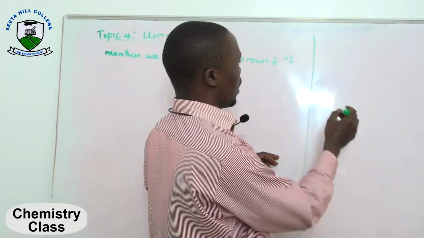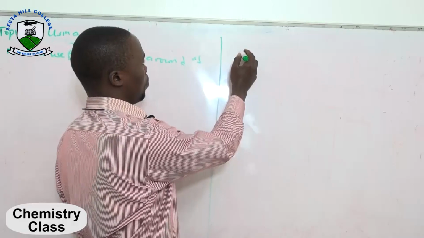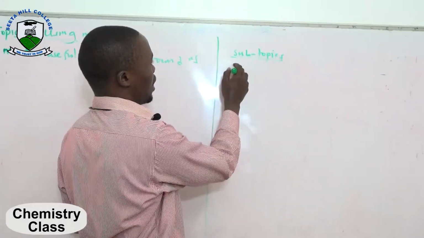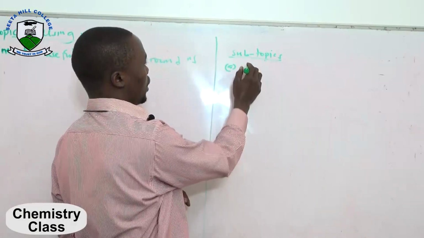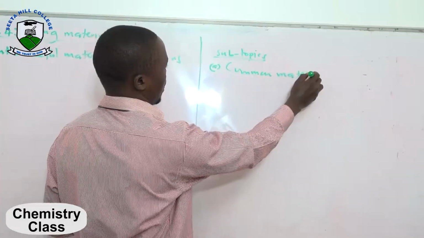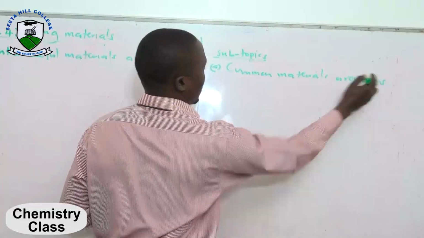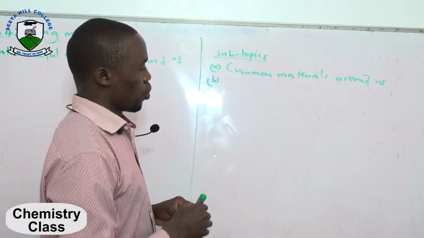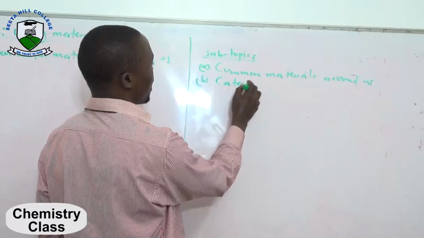I didn't give an outline of the subtopics, but under here, our subtopics, the first subtopic is common materials around us. 2, we're also going to look at categorizing these materials.